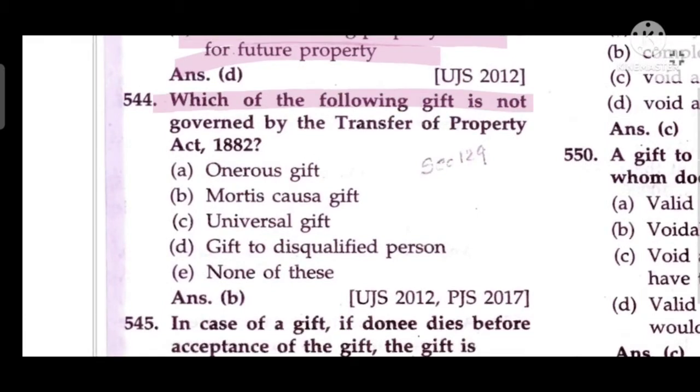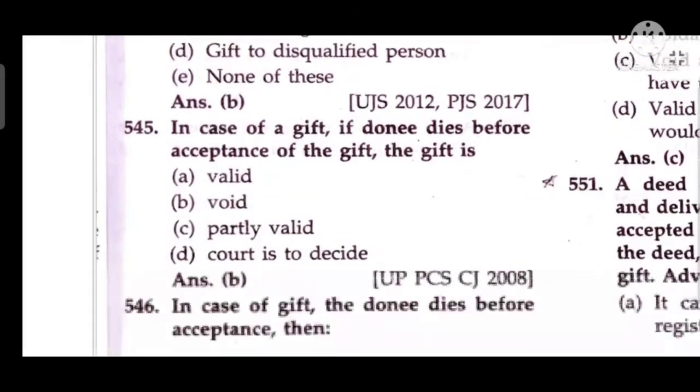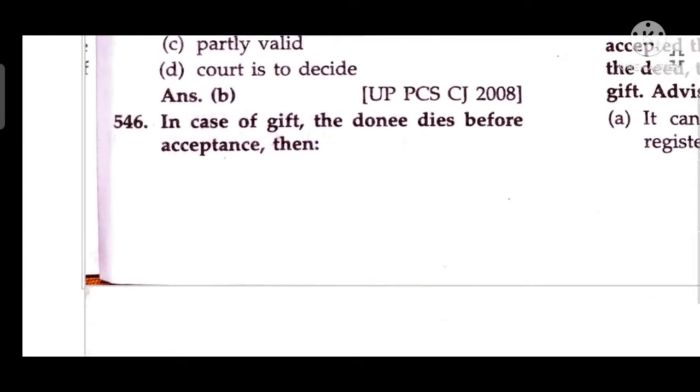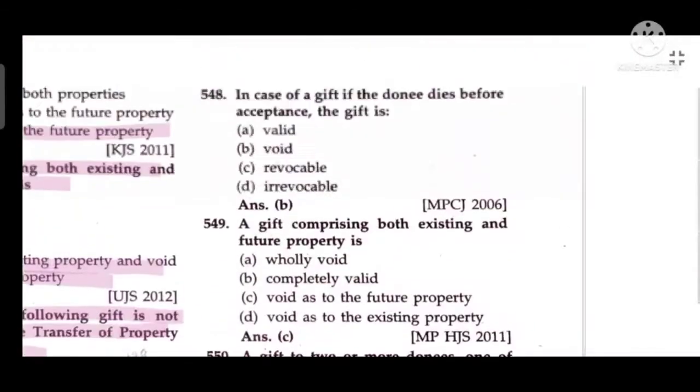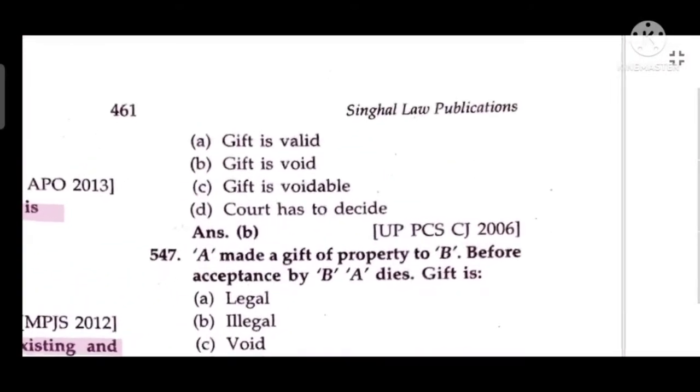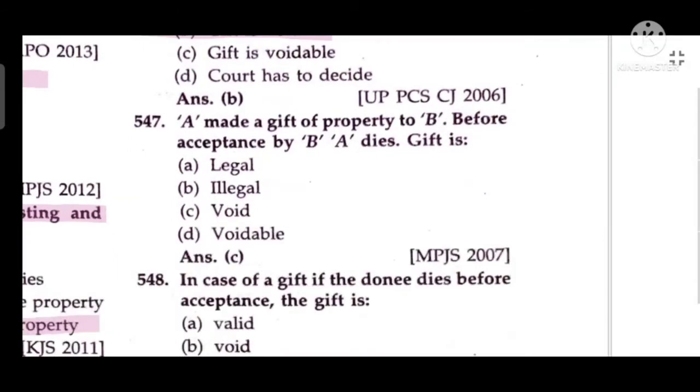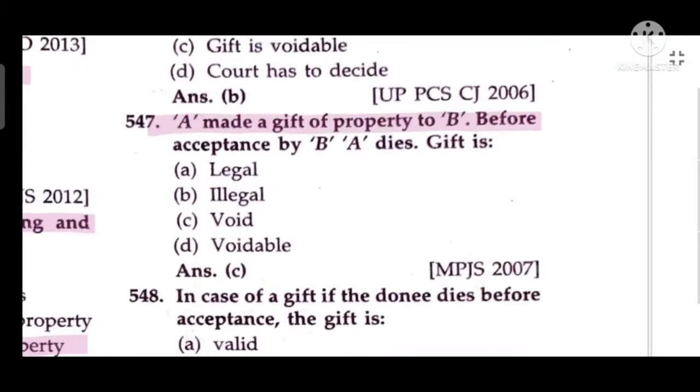Which one of the following gifts is not governed by the Transfer of Property Act 1882? Mortis causa gift. In the case of a gift, if the donee dies before acceptance, the gift is void. A made a gift of property to B. Before acceptance by B, A dies.